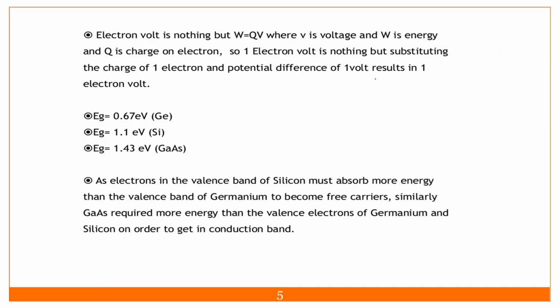The electron volt is the unit of energy. Keep in mind, W represents the energy and Q is the charge on the electron.